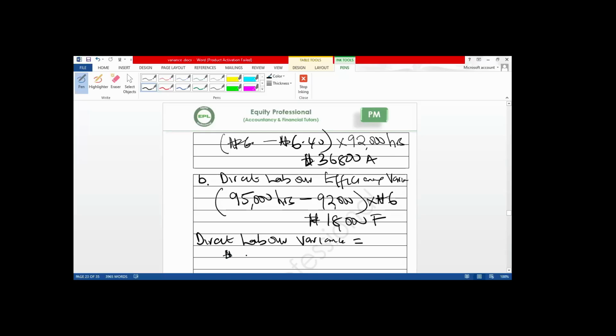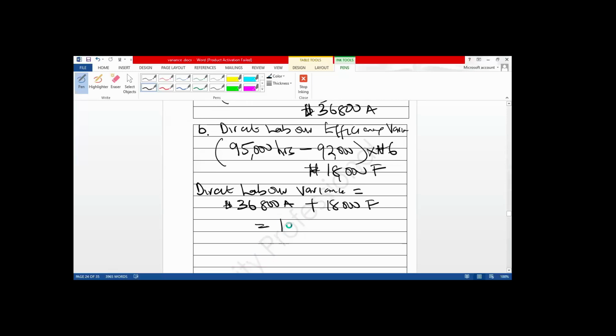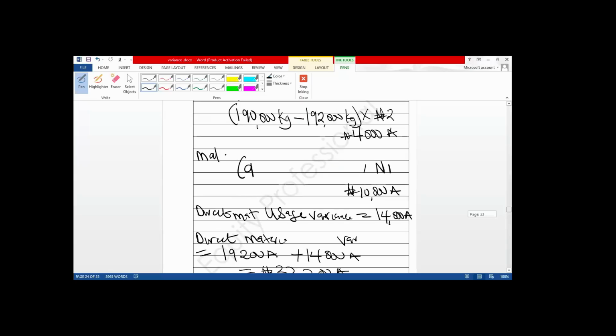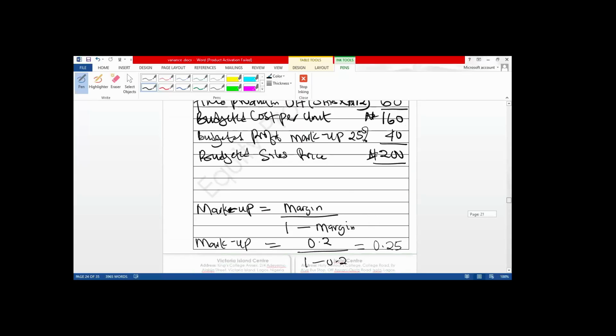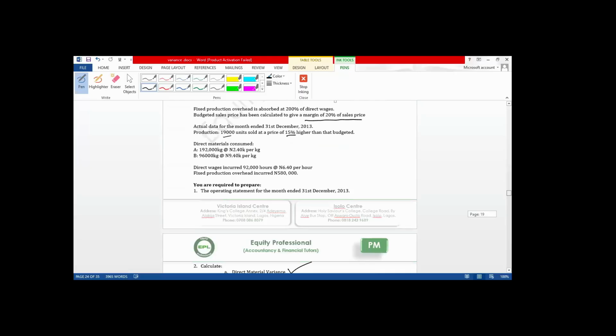Direct labor rate variance, 36,800 A plus 18,000 F. You have 18,800 A. We have resolved this.